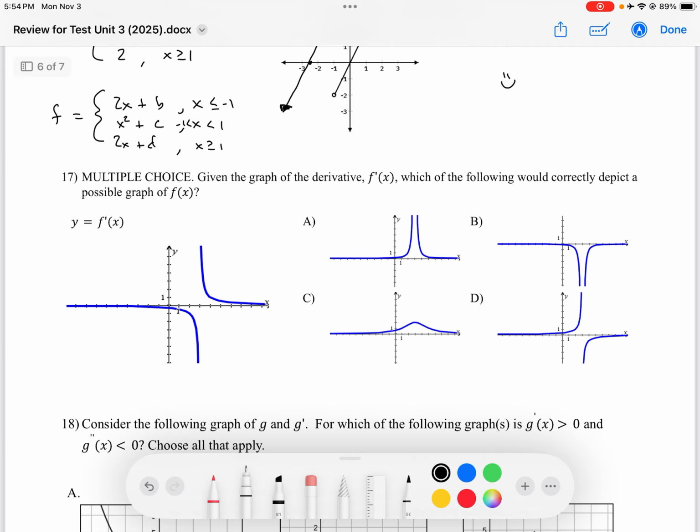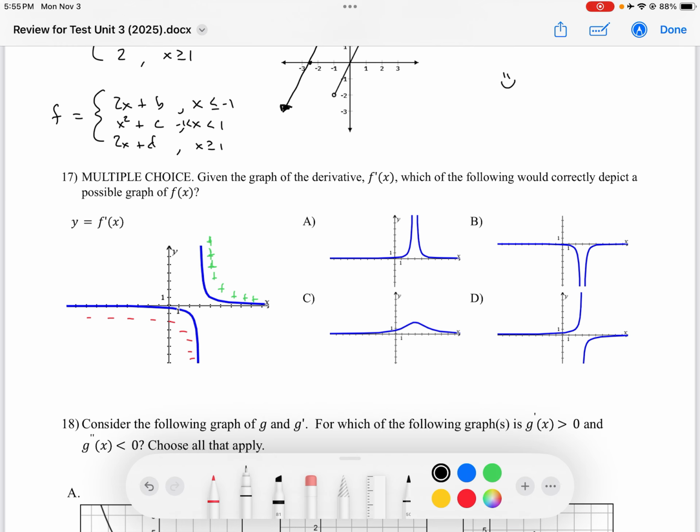Given the graph of the derivative f prime, which of the following would correctly depict a possible graph of f? Okay, f prime is negative and getting way more negative. And then it becomes very positive and getting less positive. Those are the y values of this function, right?